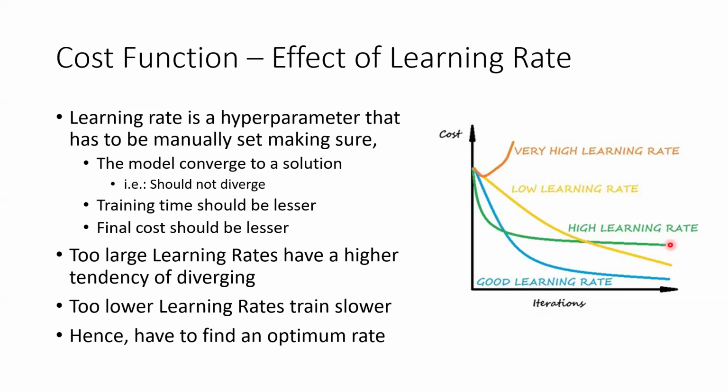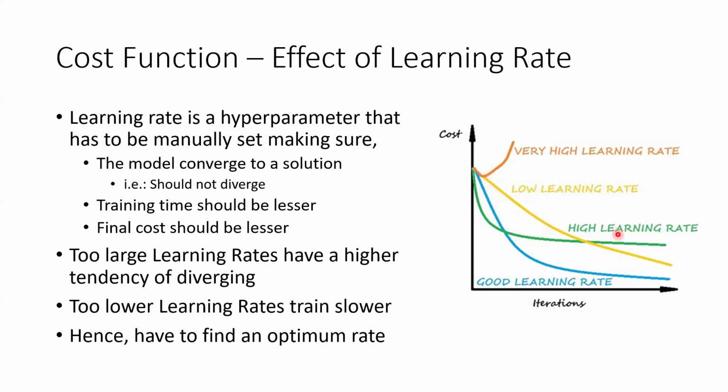So there would be a fixed amount of error remaining even after it stabilizes. But when you're using a lower learning rate, it would stabilize at a very low, optimum error, but it would take a lot of time, right? That is one of the trade-offs of using lower and higher learning rates, right?